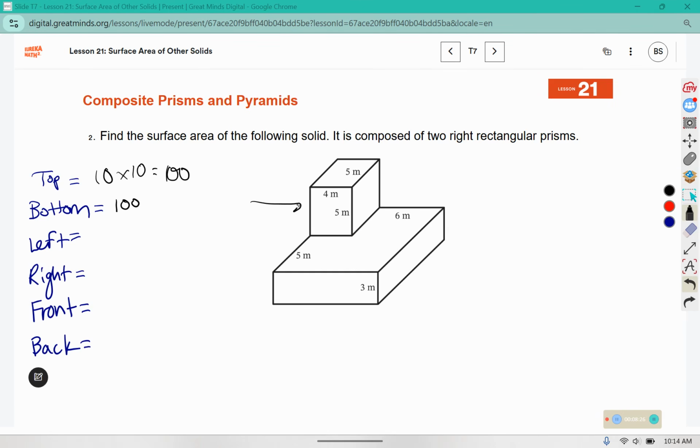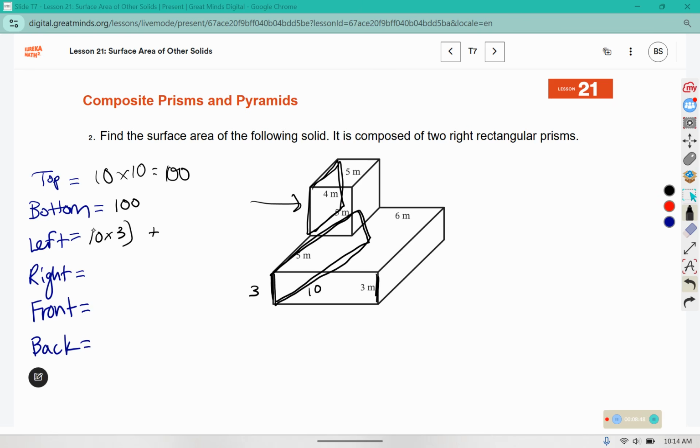The left side is made up of a rectangle on the bottom piece and a rectangle on the upper piece. Well, the bottom piece is 10 all the way across, and it is 3 tall.